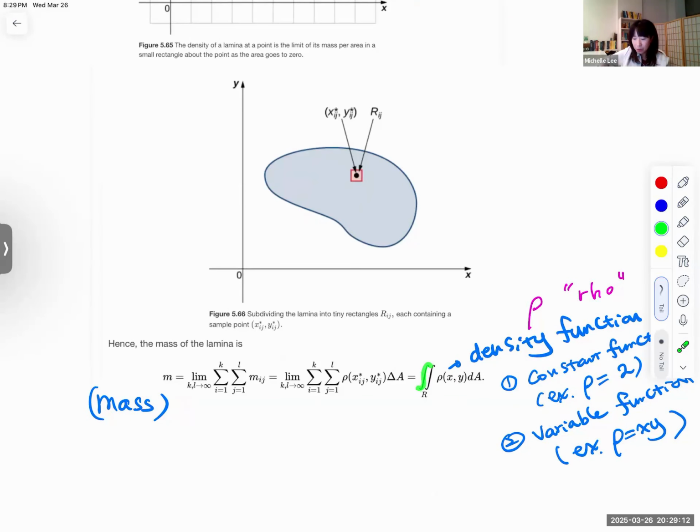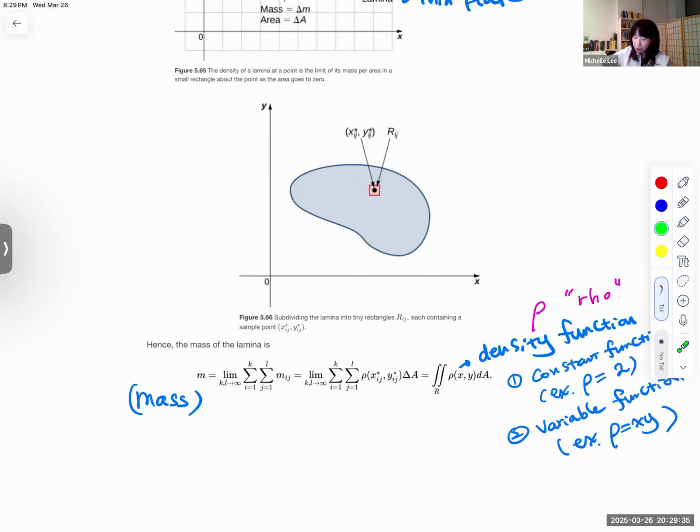So we make a double integration, and we have rho, this Greek letter, the density function. So dA is area, so we make it dx dy, right?